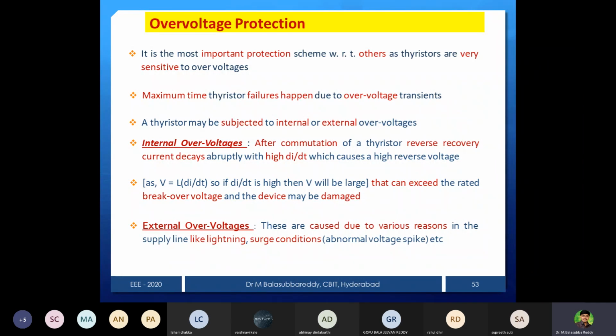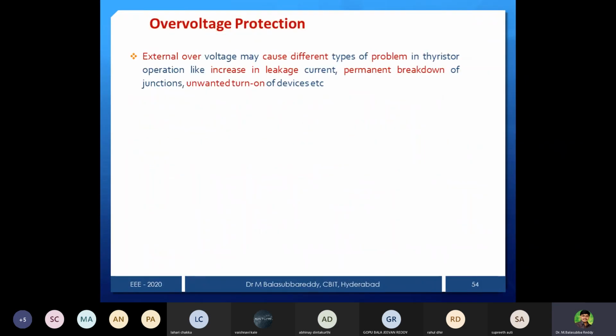External over voltage can be caused by various reasons like lightning or surge conditions. There are abnormal voltage spikes. If any abnormal voltage spikes occur on the source side, that leads to external over voltages.